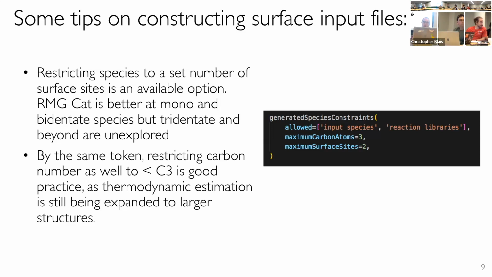Obviously, synthesis of larger fuel molecules is the goal, but the data's not there yet. It's a big problem, and if you look at a paper for something like propane on a catalyst surface, it's very complicated. So, keeping your problem tractable, it's best to specify these 2.